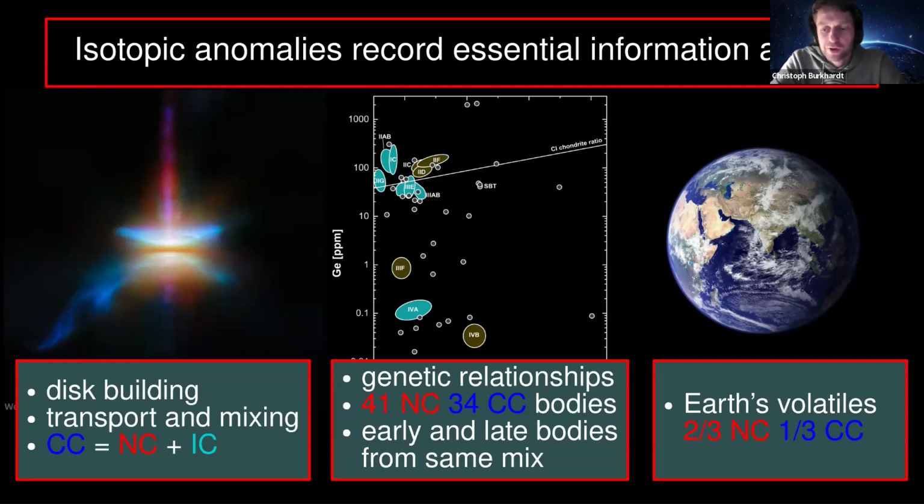So that would be the early infalling material in our theory. And CAIs and AOAs are just the refractory part of this component or this reservoir. And there's also material that is less refractory, but also has this isotopic composition.